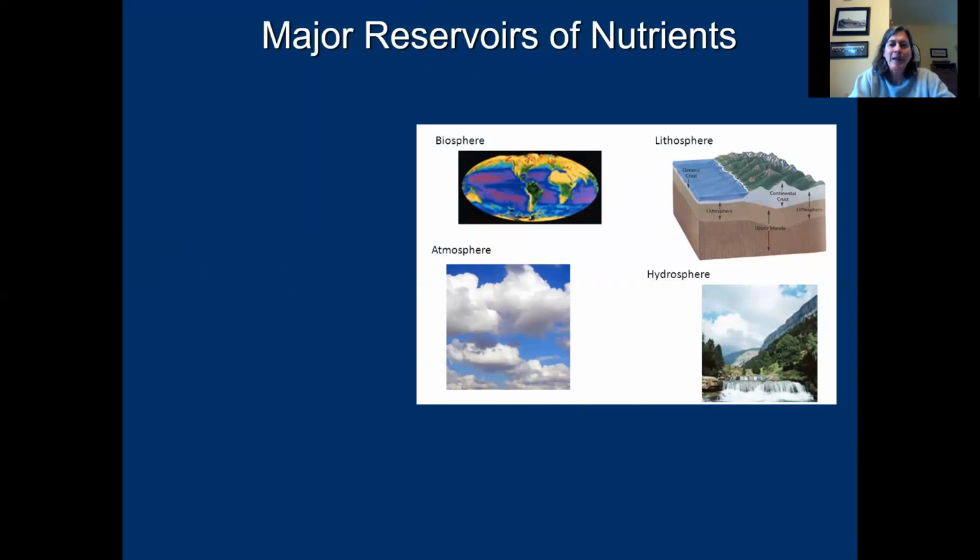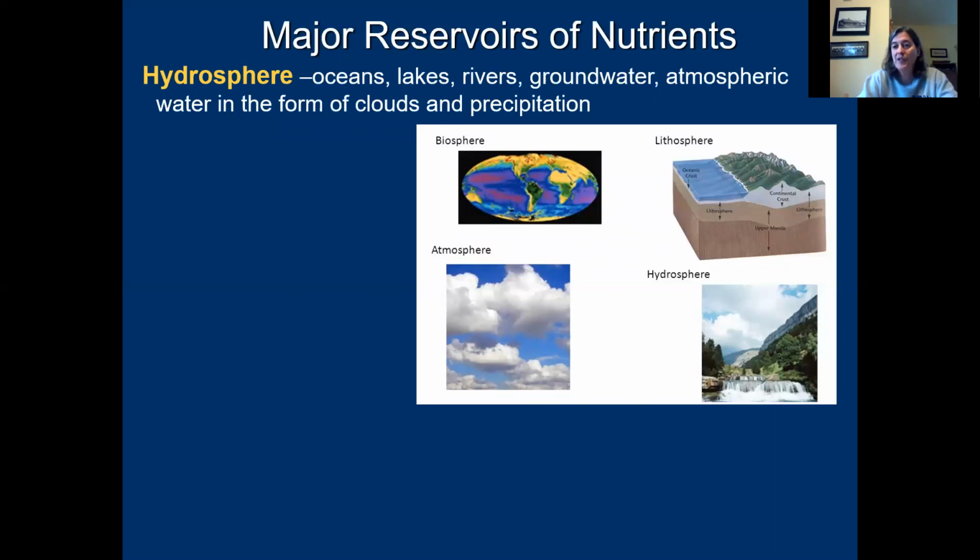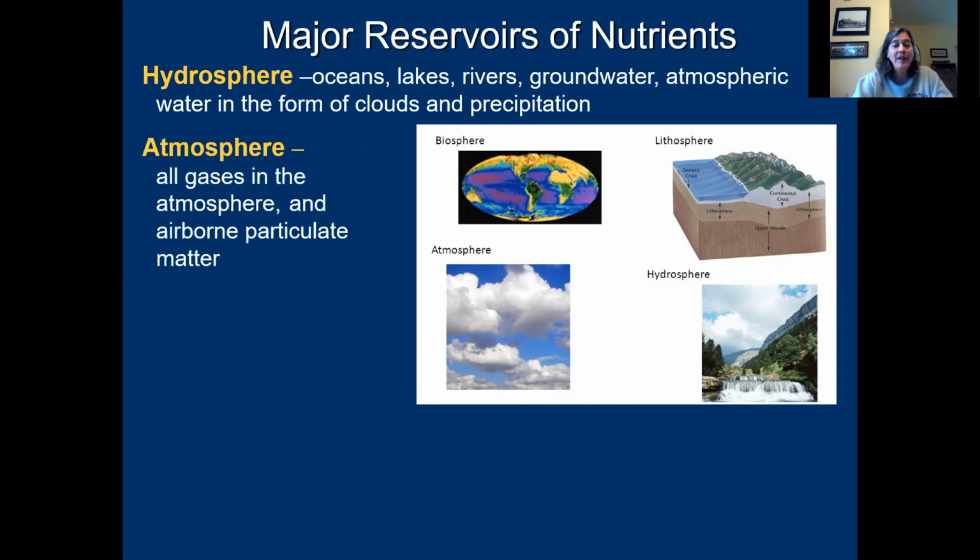Before we can really talk about nutrient cycles and how they cycle, you need to think about where they are located. We talk about various spheres on planet Earth. So there's the hydrosphere, which is all of the water. Of course, we think mainly of the oceans as the largest part, but you're also talking about all the other places where we have water on the planet, which includes atmospheric water. There's the atmosphere, which is pretty self-explanatory.